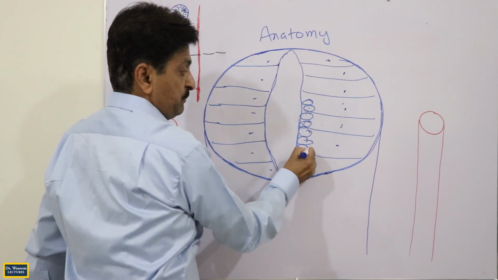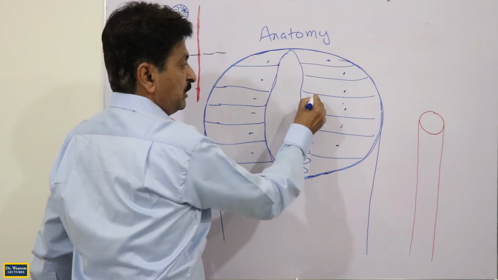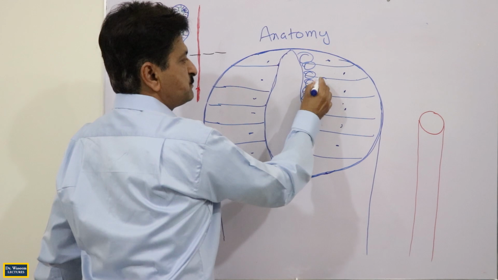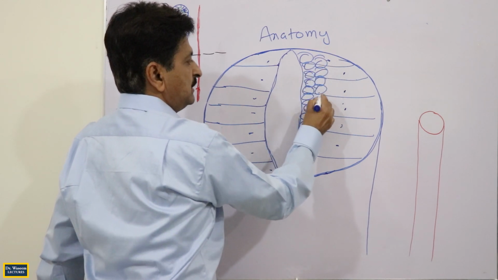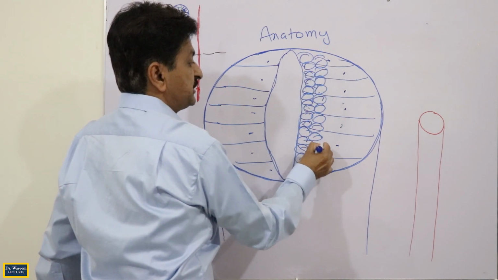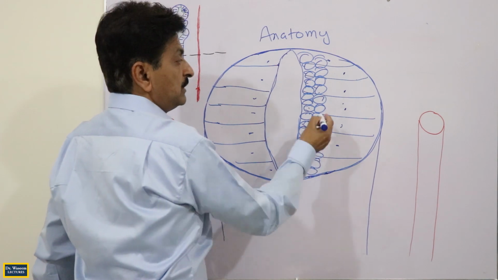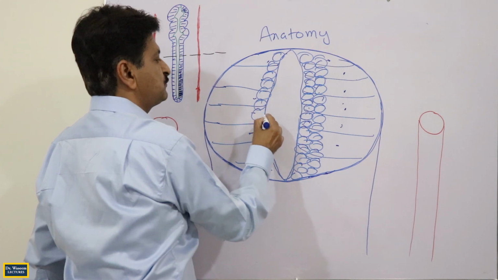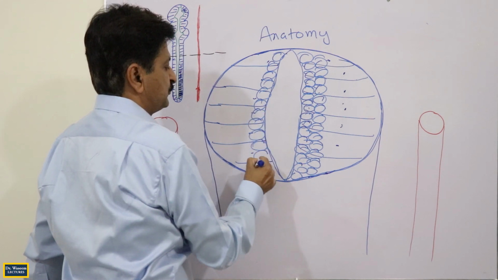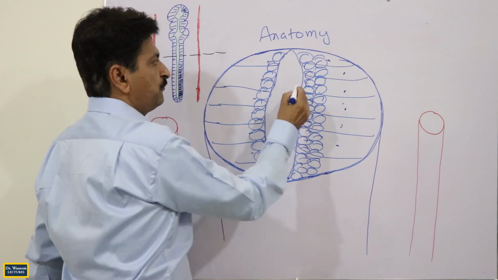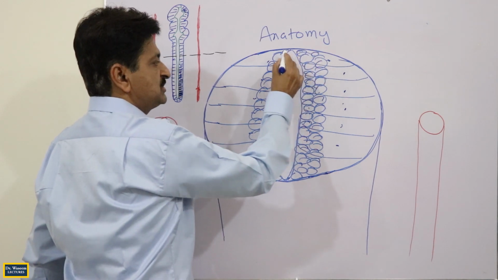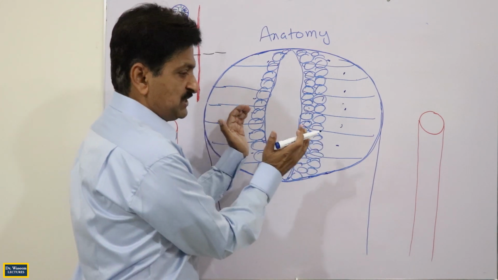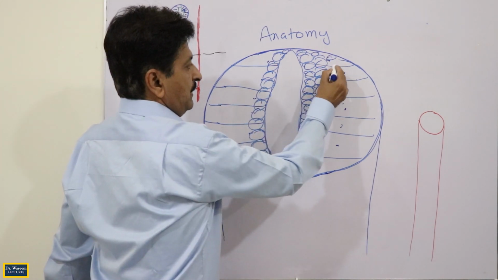Due to this enormous pace, these cells differentiate into primitive nerve cells, the neuroblasts, and these neuroblasts will form the neurons. Once they form the neurons, they will gather themselves around the central canal.